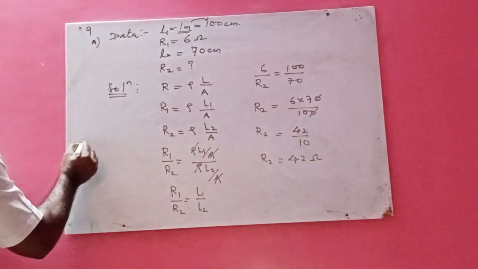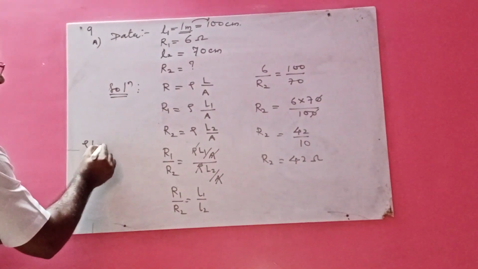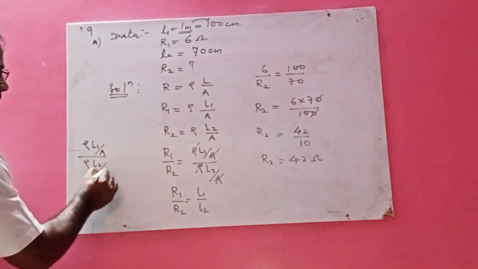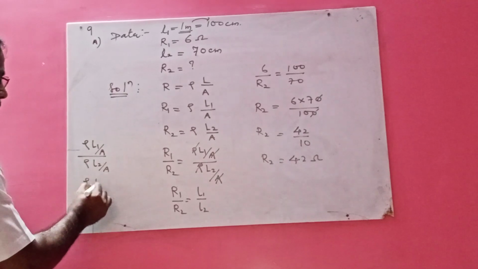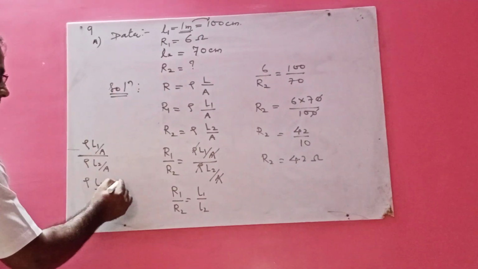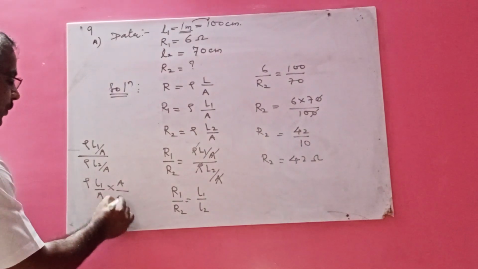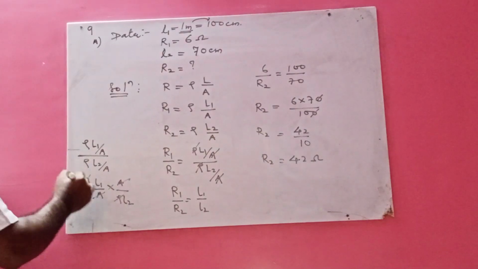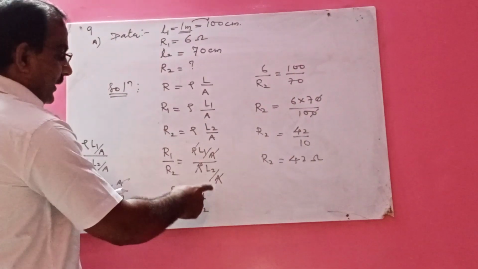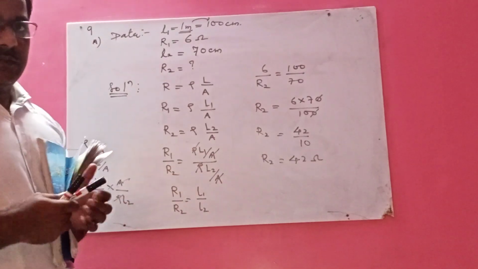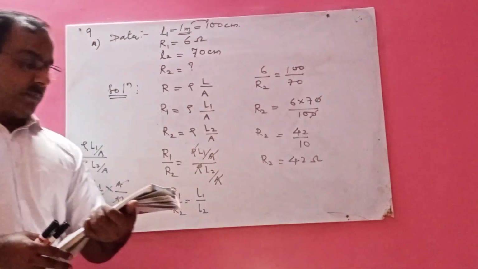Here this is rho L1 upon A, and this is rho L2 upon A. So rho L1 upon A, when you change this into multiplication, it becomes A upon rho L2. So this A and A get cancelled, rho and rho get cancelled. So this way these two get cancelled, and then you got this. Put the values, you will get your answers. Okay, so this is the question number 9A.